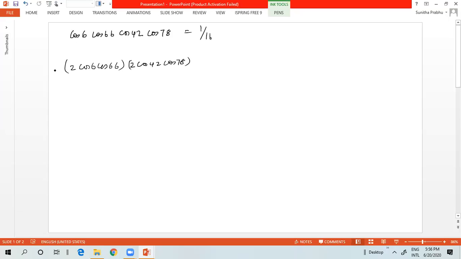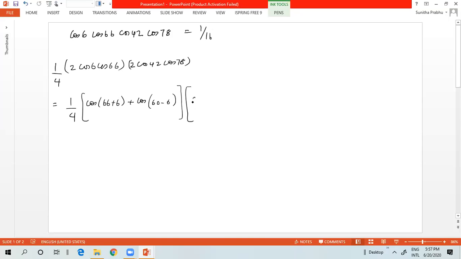Because we have multiplied, we are getting 1 by 4 into cos of A plus B, cos of 66 plus 6, plus cos of A minus B, 66 minus 6. Very good.